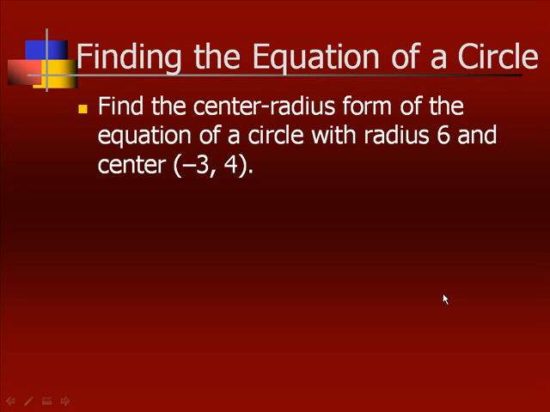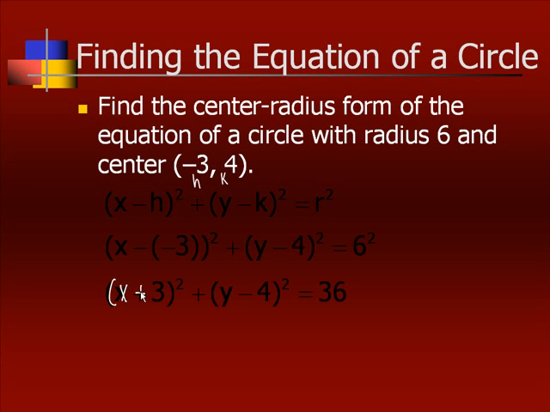So, find the center-radius form of the equation of a circle with radius 6 and center (negative 3, 4). Now remember, the center is always of the form (h, k). So if we take our formula, (x minus h) squared plus (y minus k) squared equals r squared, plugging in we get (x minus a negative 3) squared plus (y minus 4) squared equals 6 squared.